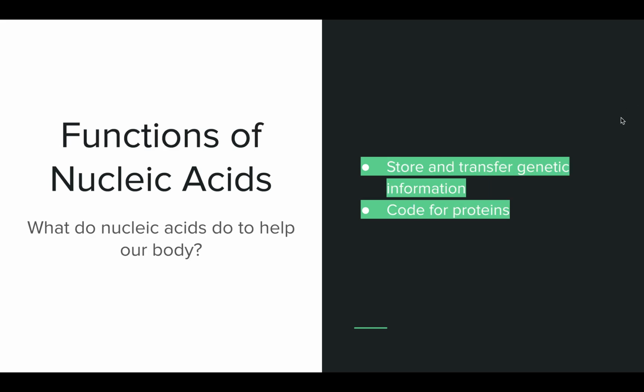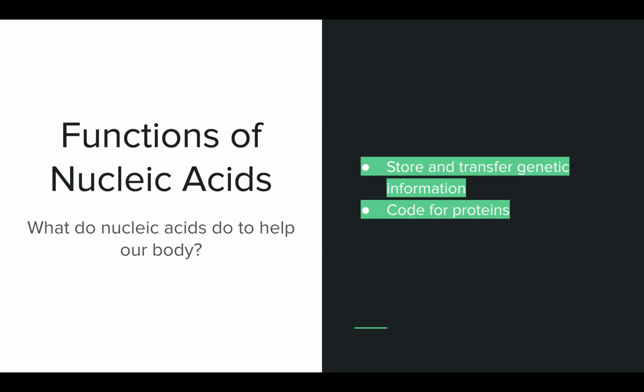The functions of nucleic acids. What purpose do nucleic acids serve in the body? What do they do to help us? The most important thing that nucleic acids do is store and transfer genetic information. When we say genetic information, we're talking about what makes you who you are and what makes you do the things you do.